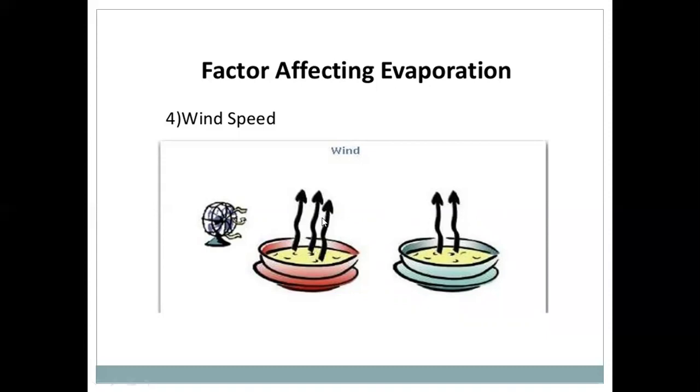It means where we have more speed of air, we have more evaporation. Where we have less speed of air, we have less evaporation. So wind speed and evaporation are directly proportional to each other: more speed of air, more evaporation; less speed of air, less evaporation.